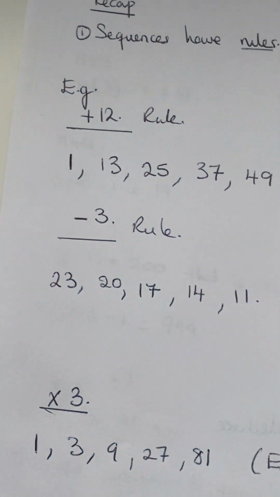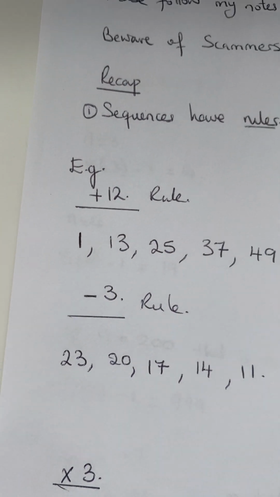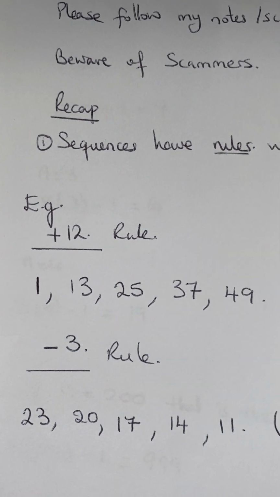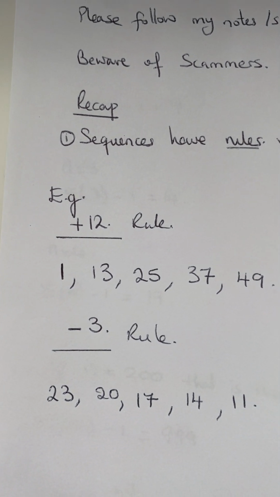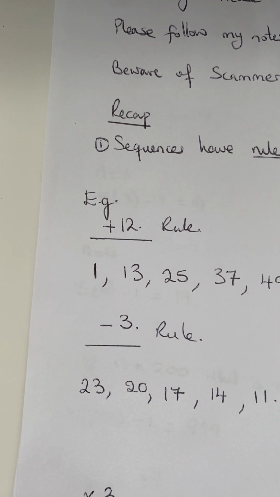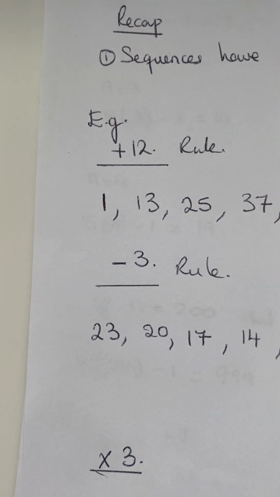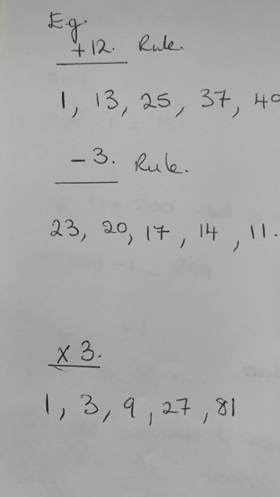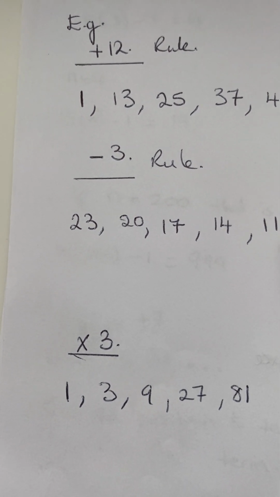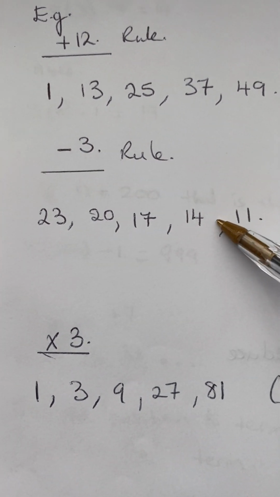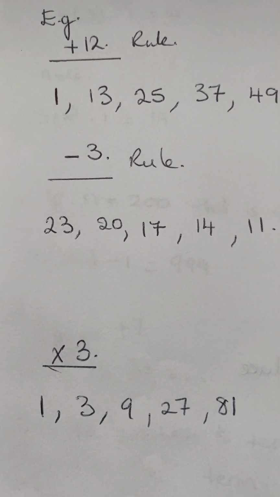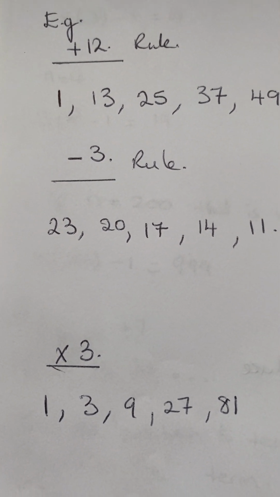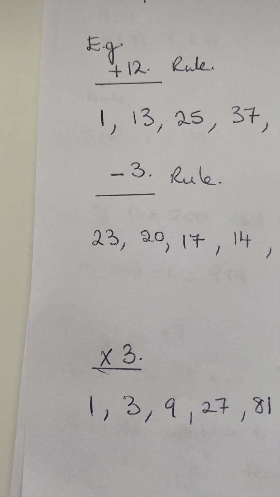So today we've done some recap. Sequences are ordered numbers with rules, and we have to deduce these rules. These are straightforward. If we have to find missing numbers, for instance 2 or 3 numbers, it's easy to do that.